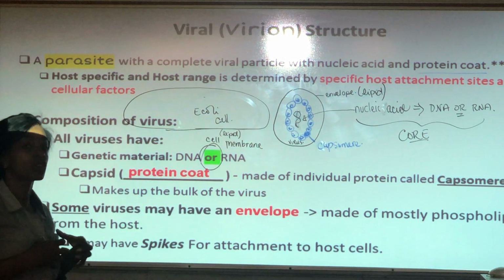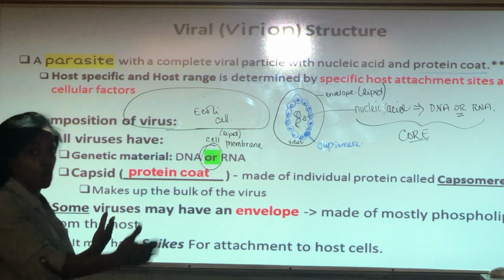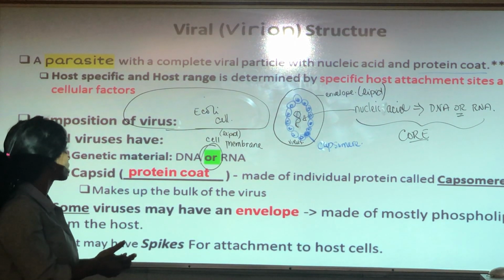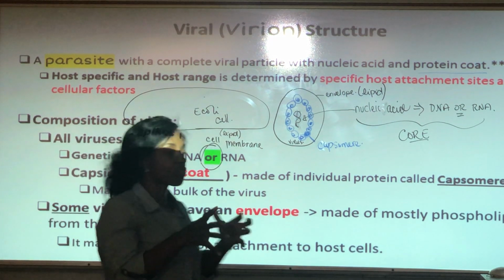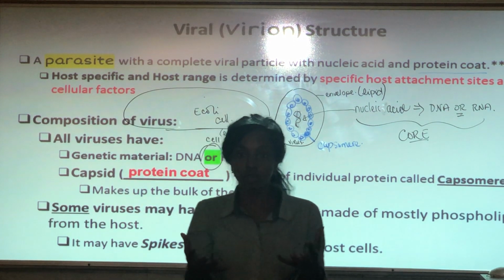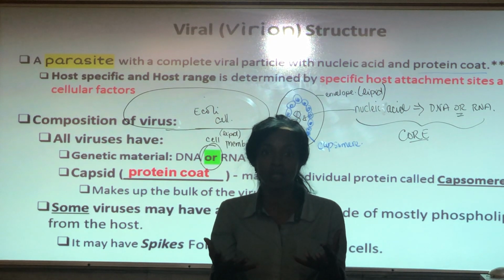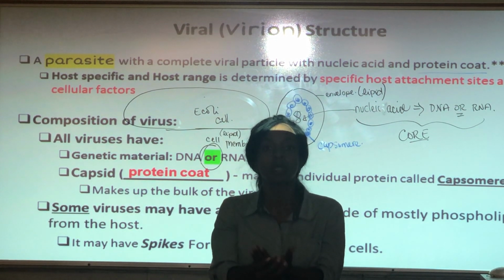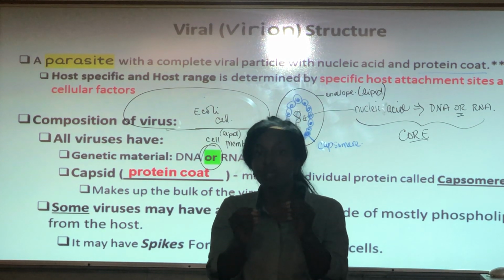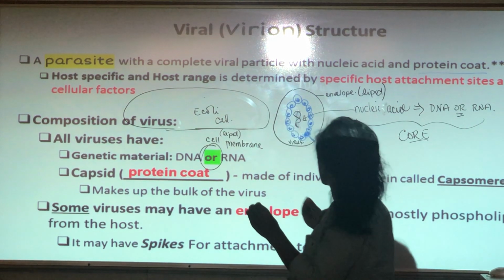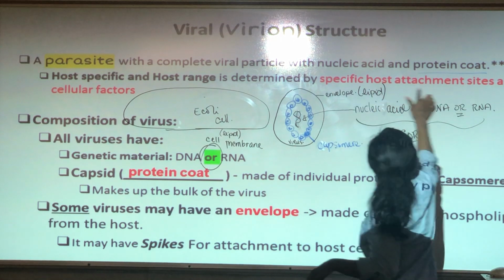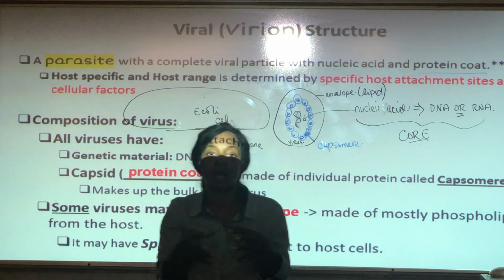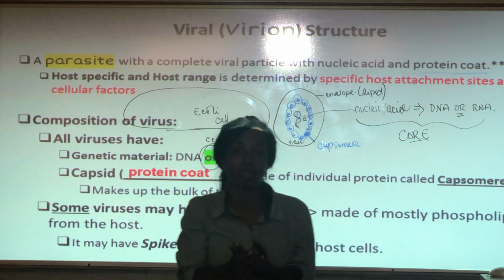So many viruses are specific for a certain host. It has to be a certain organism. And range specific usually means that within that host, there are many different cells. So when the virus enters, it cannot interact with all cells in that host, but it can only attach to specific host attachment sites and cellular factors. It can only attach to and recognize certain cells within that organism.